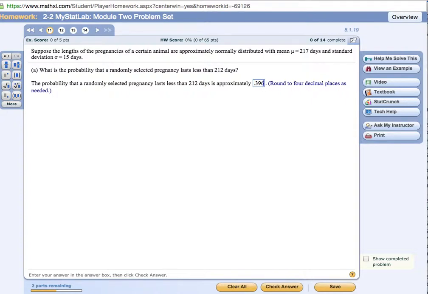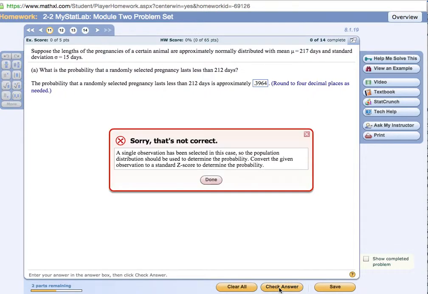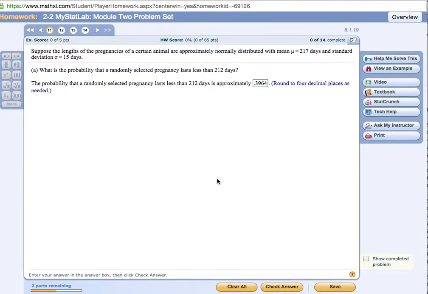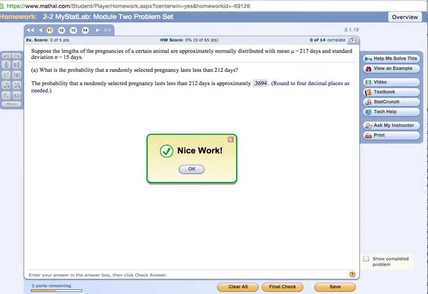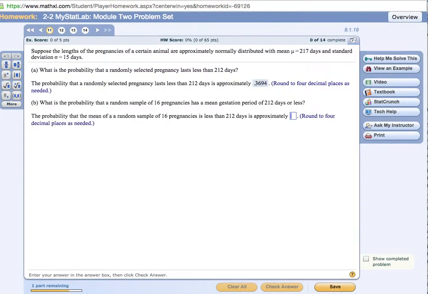I put it in wrong, it's 0.3694. Okay, that looks better.